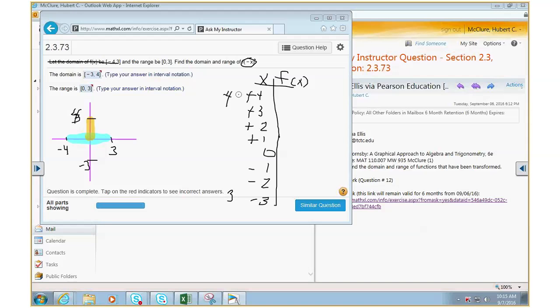I just made another column. What I did is I skipped a step. F of x would be +4. This is where it should be: 3, 2, 1, 0, -1, -2, -3. It wouldn't be positive, because when you plug in, see, this is your x. Hold on a minute, where's my eraser?